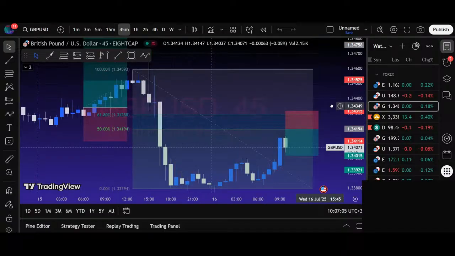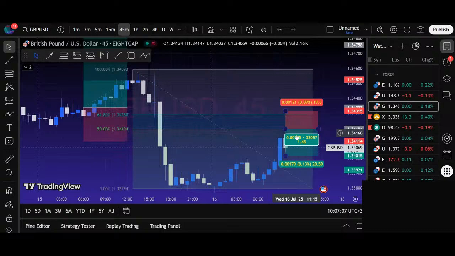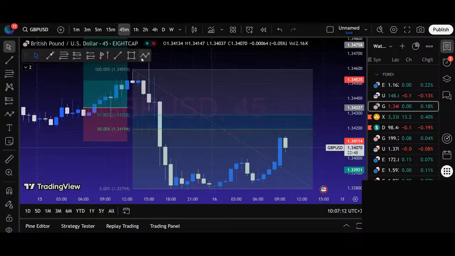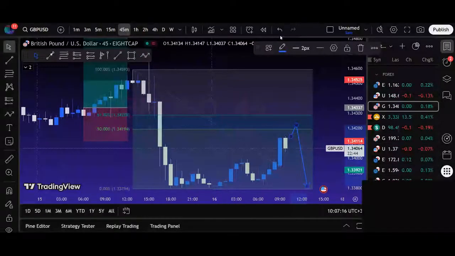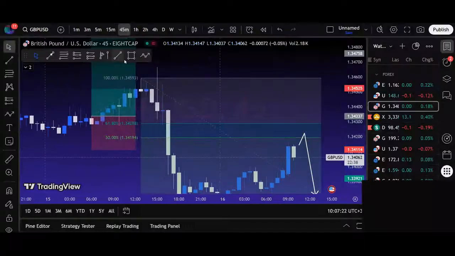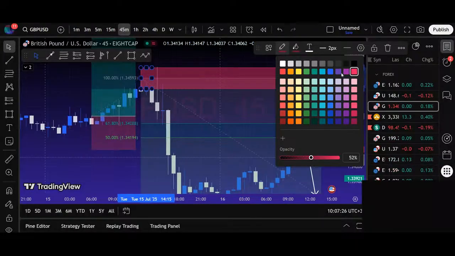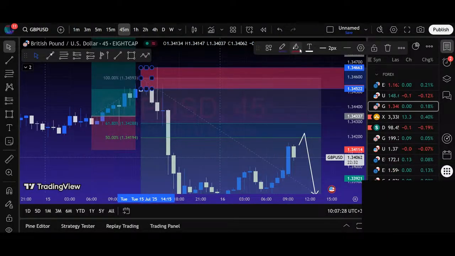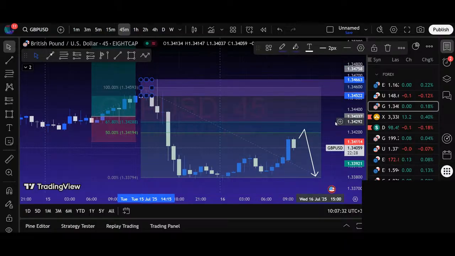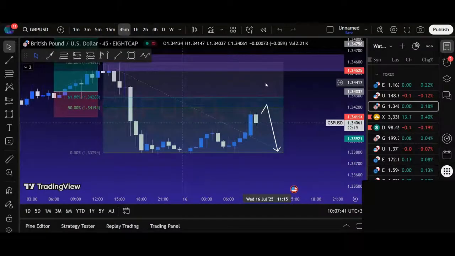Though I have a very nice one. Let me get rid of this. This is just fib saying that. That's what fib is saying. But we have a supply zone up here, because we also have news.